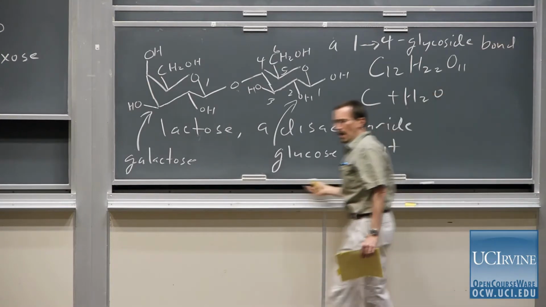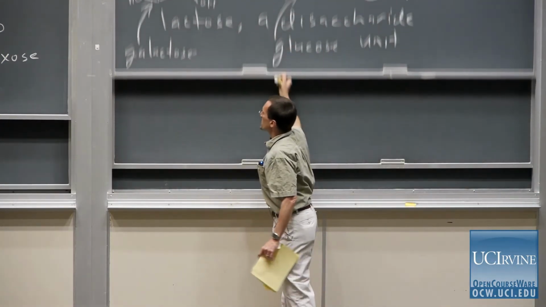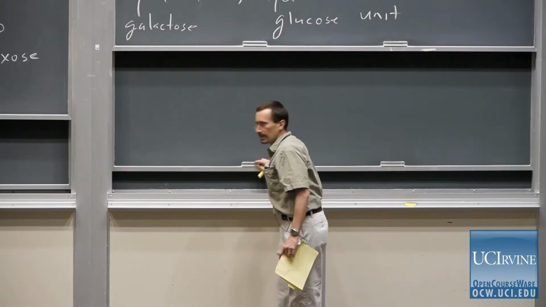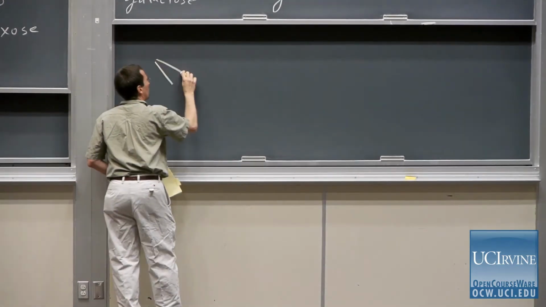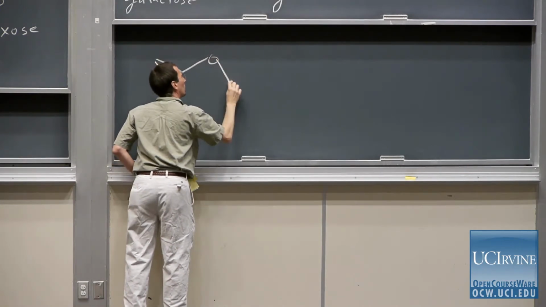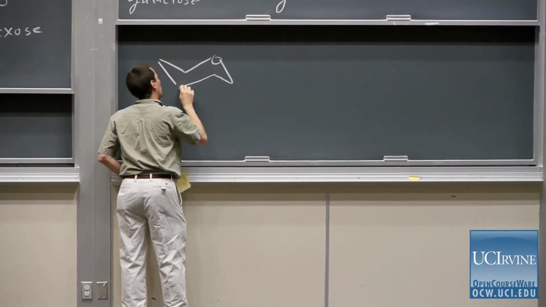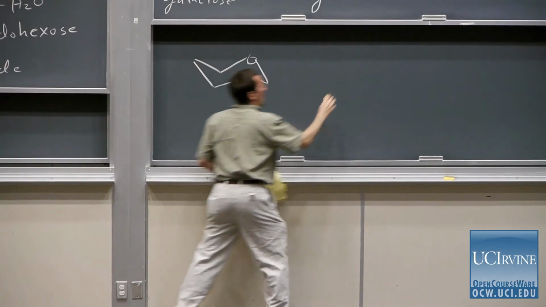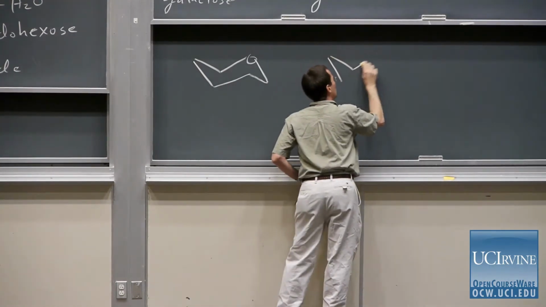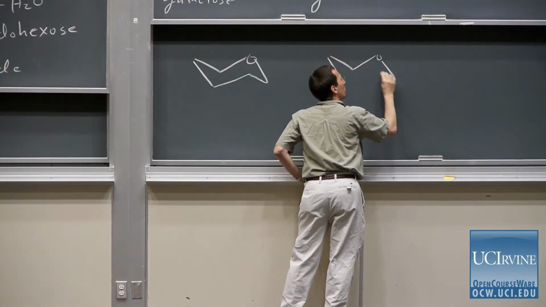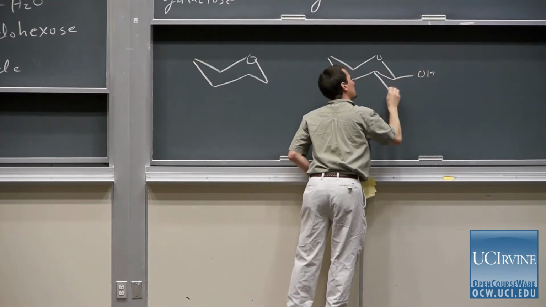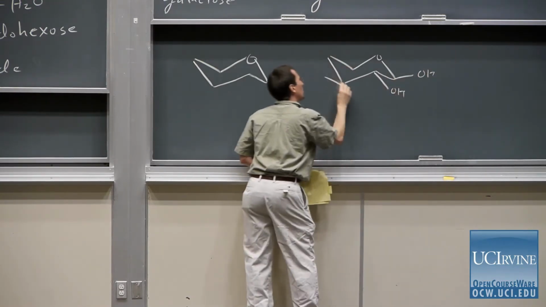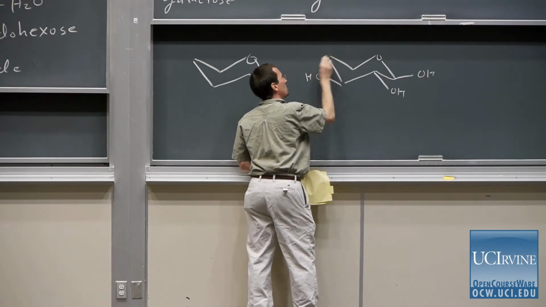I want to draw out the subunits here in lactose. So I'll draw out the 2 sugar units. I'll redraw glucose again. It pays to practice a little bit in your drawings, and I've got to say I'm no artist as far as cyclohexane rings go.